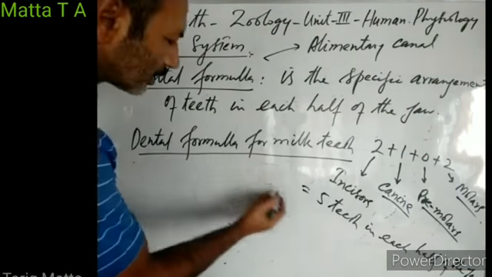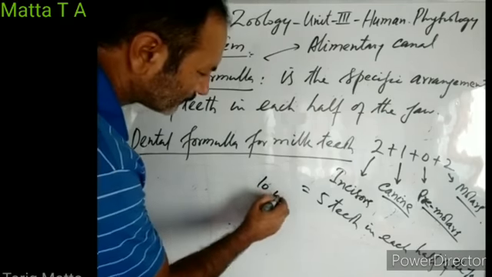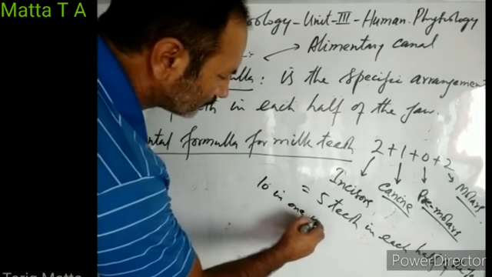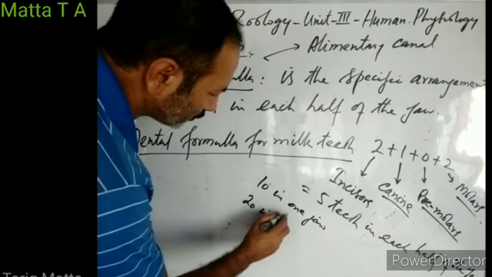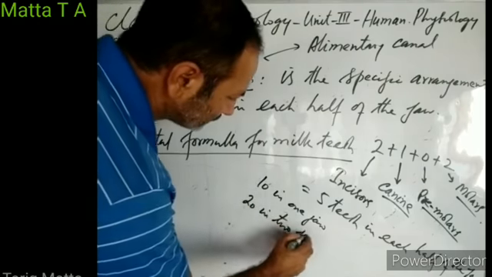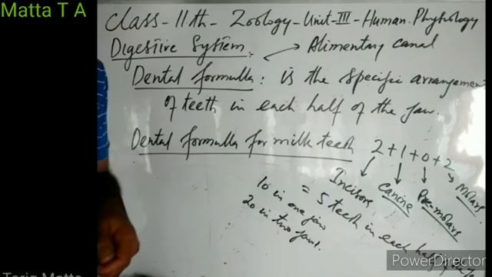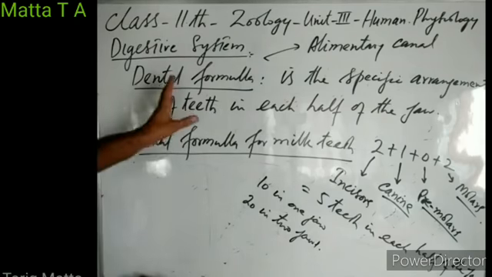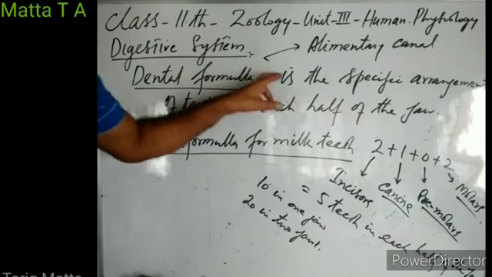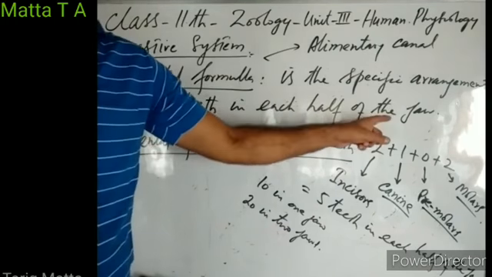That means there will be 10 milk teeth in one jaw, so 20 milk teeth in two jaws. So we have got 20 milk teeth in our mouth in total, right? So what is dental formula? It is the specific arrangement of teeth in each half of the jaw, right?